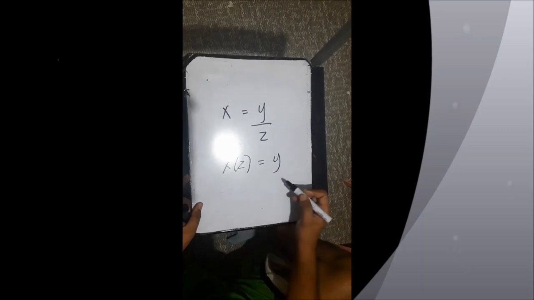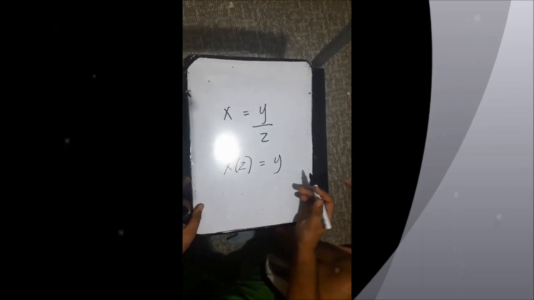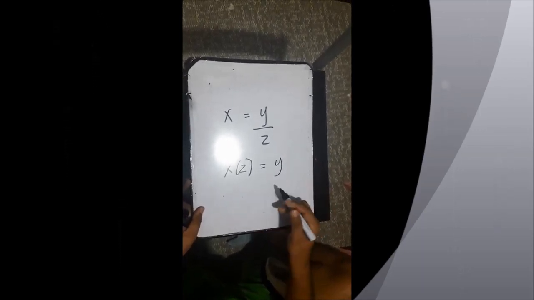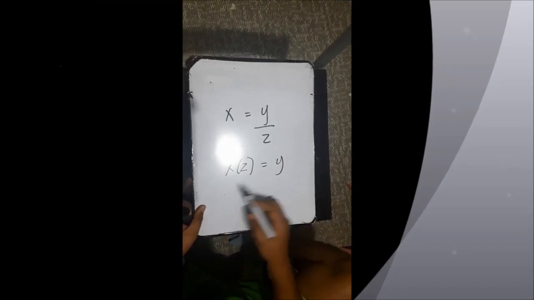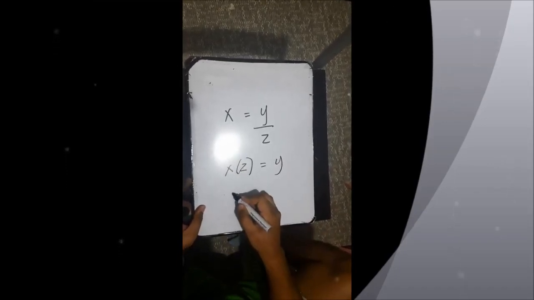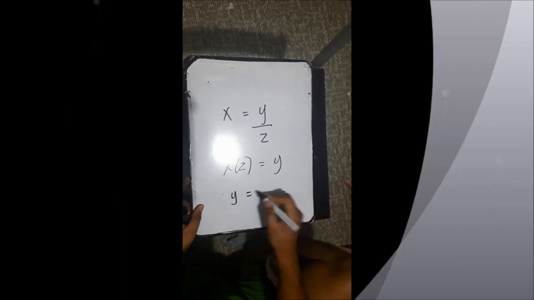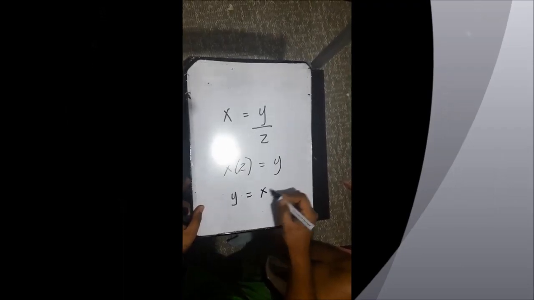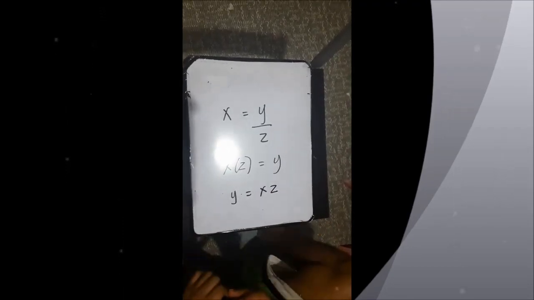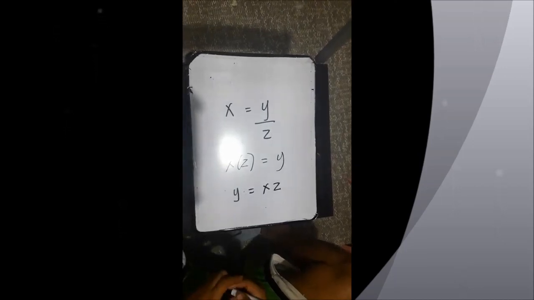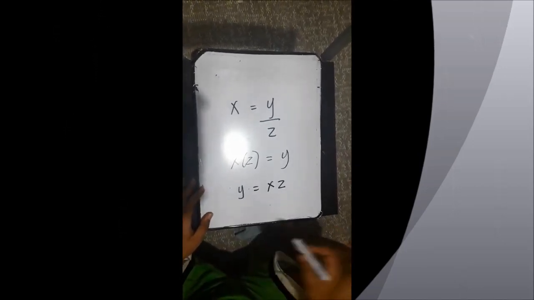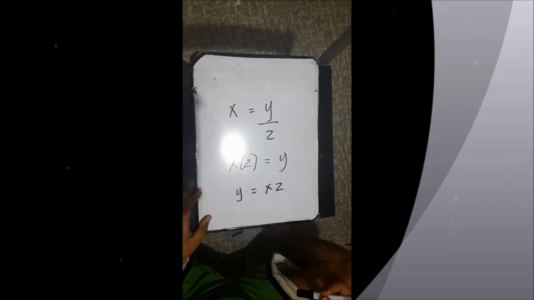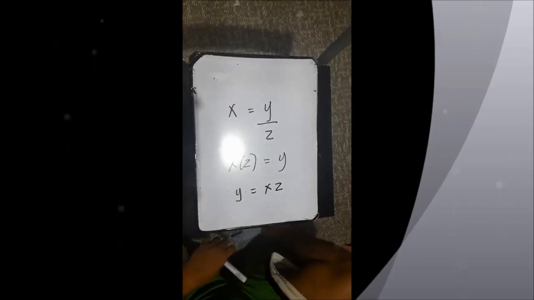And because this is an equation, I can just move y to the other side and also move x and z to the other side. So I can have y is equal to xz. So in this format, I already have the solution for y. Y is simply equal to the product of x and z.